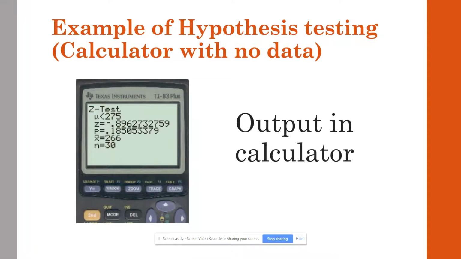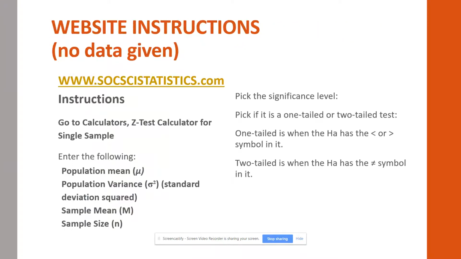So when I do it, I get a z-test output where it has the mean is less than 275. Again, that's my alternative hypothesis, so you always want to check that. My z-score is negative 0.89627. I'm going to round it to negative 0.90. The p-value is 0.1850. Sample mean is 266 and sample size is 30.